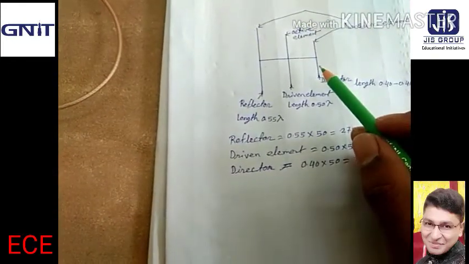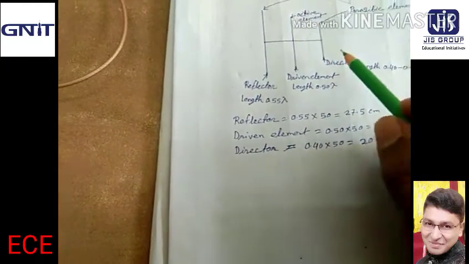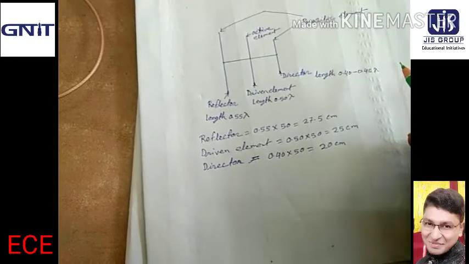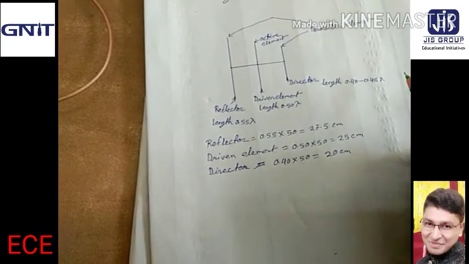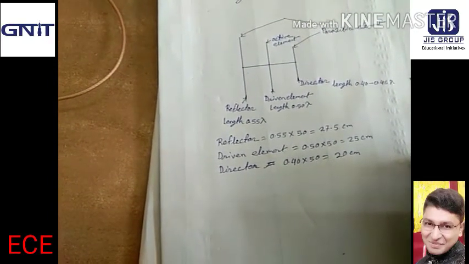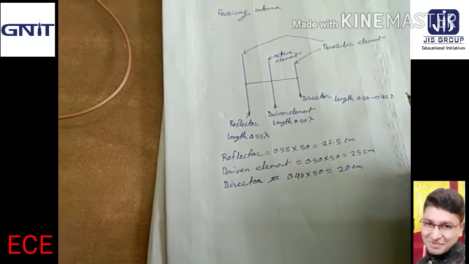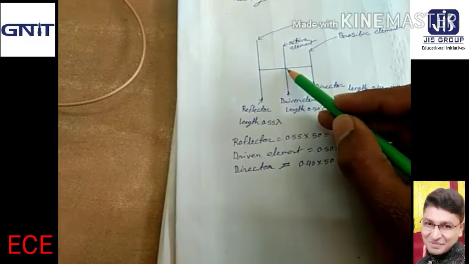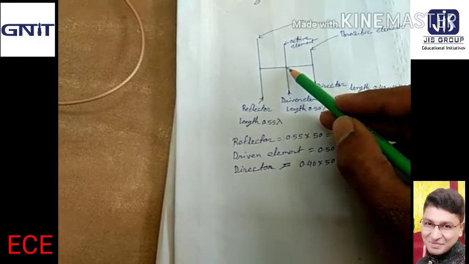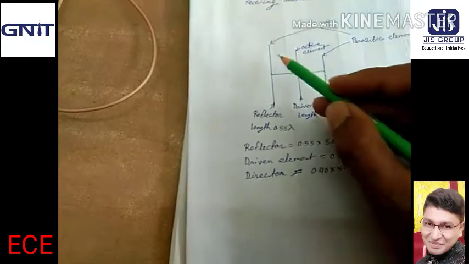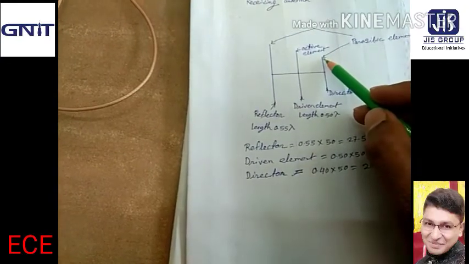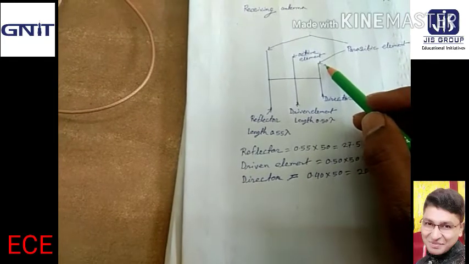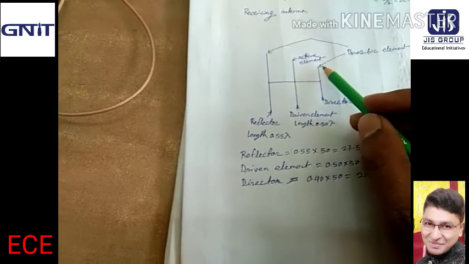The Yagi-Uda antenna consists of two types of element. One is the active element and the other is the parasitic element. The active element is directly connected to the cable, and the other elements are not connected directly to the wire.